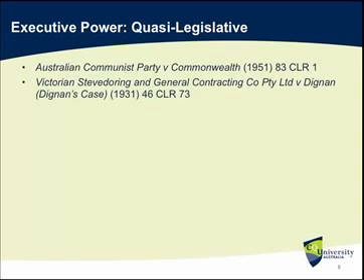So the other crucial case is the case of Victorian Stevedoring and General Contracting Company Proprietary Limited versus Dignan, or what is typically called Dignan's case in 1931, where the High Court said that it is very difficult to maintain the view that the Commonwealth Parliament has no power in the exercise of its legislative power to vest executive or other authorities with power to pass regulations, statutory rules, and bylaws, which, when passed, shall have full force and effect, unless the legislative power of the Parliament extends this far. Effective government would be impossible.